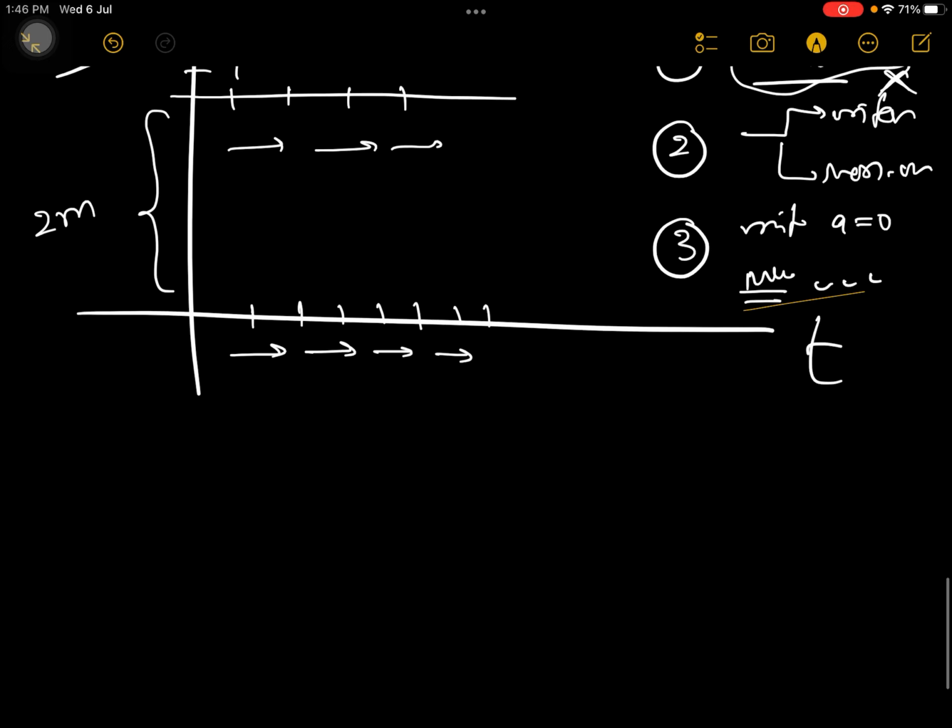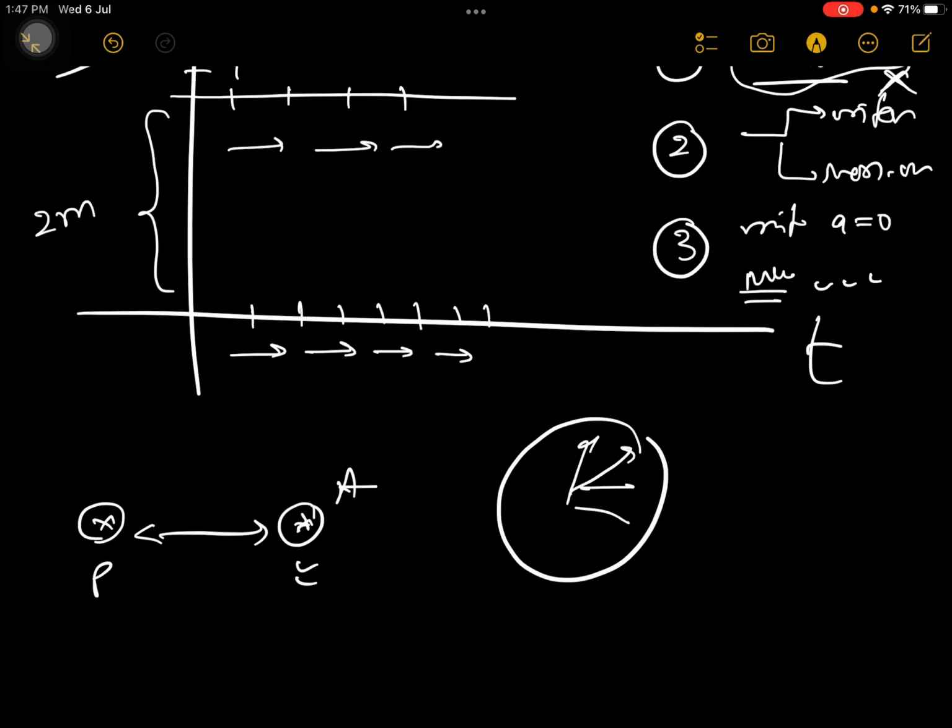It means you are standing at a particular distance. You are standing here, and with respect to this point P, you are at point A, and your location is not changing. On the watch, only time is changing, but your position is not changing. What does it mean? You are not moving.